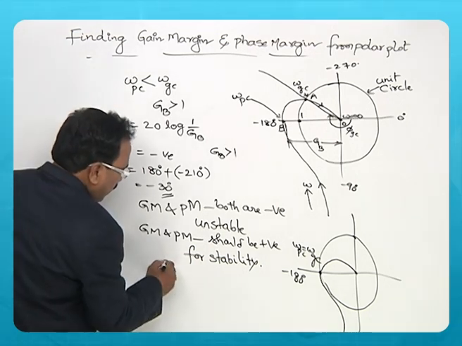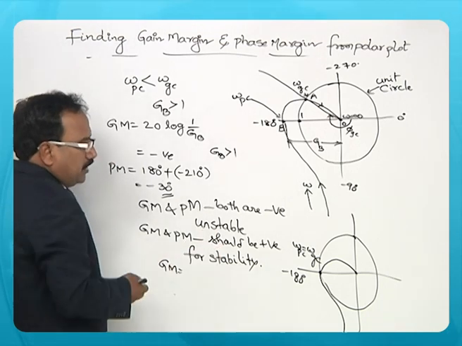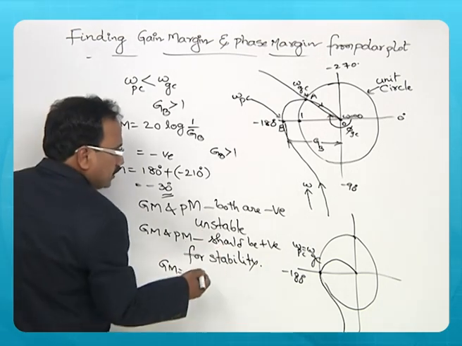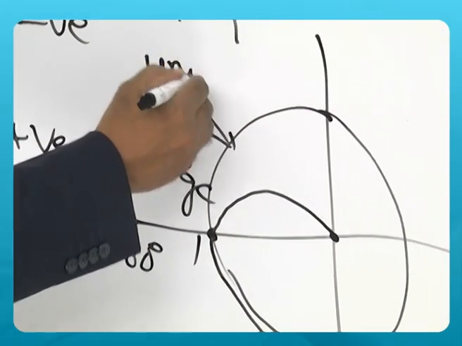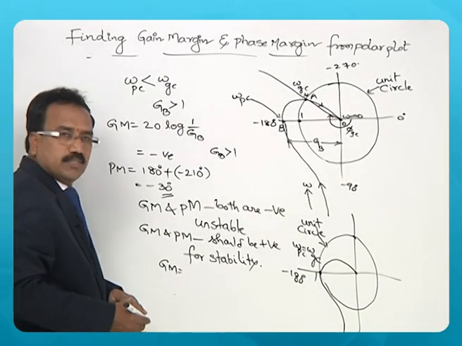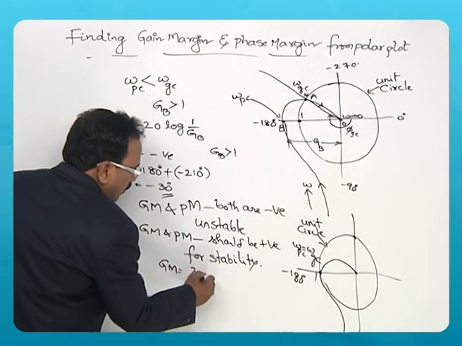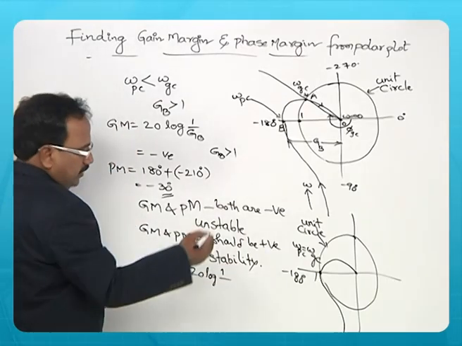So, if you calculate the gain margin, the magnitude at omega PC is equal to 1 because this is a unit circle. So, the gain margin is 20 log 1 by gain, and that gain is 1 here.